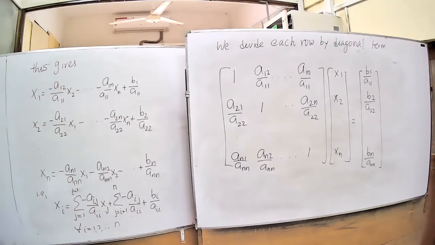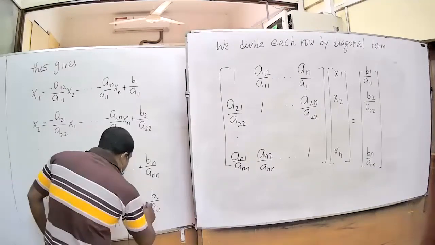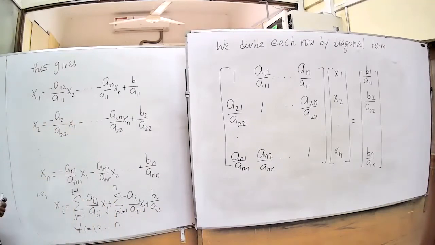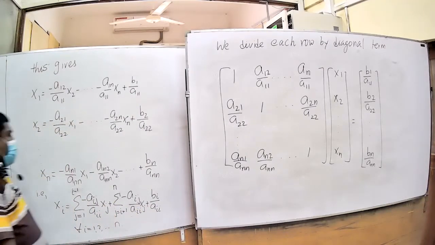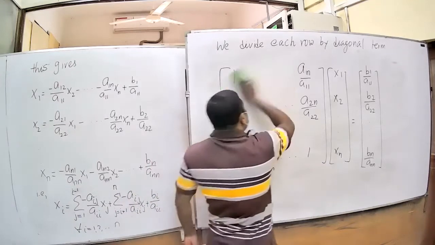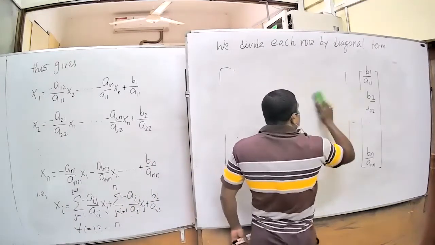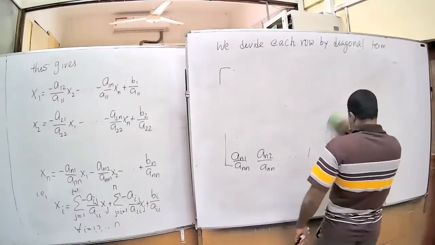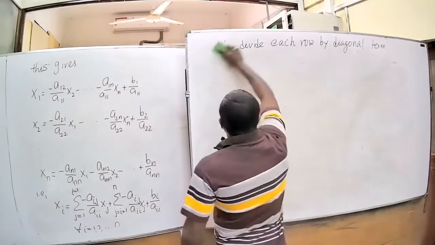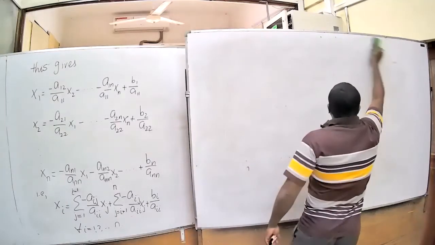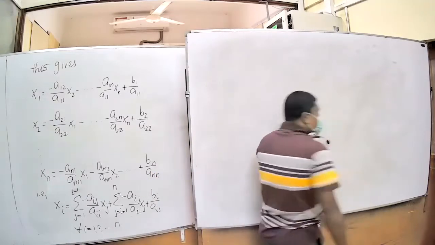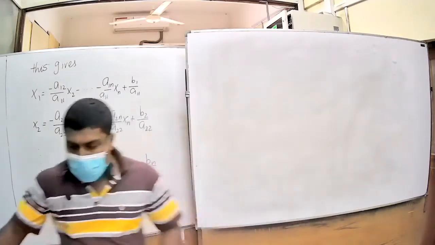So you will end up with this. Sorry, there is also an xj I am missing. So from this, I can develop iterations.